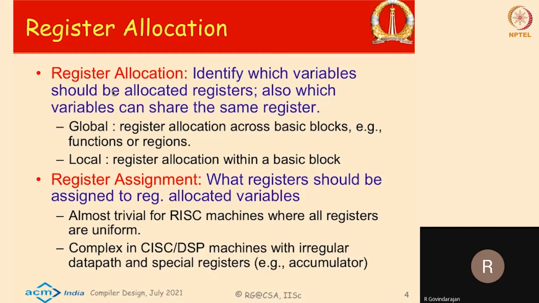So if you have not allocated a register permanently for a variable or a temporary, and you have to perform some operation on that variable, then you will temporarily bring it into some register, perform the operation and put it back into memory. That is how you will deal with it, right?